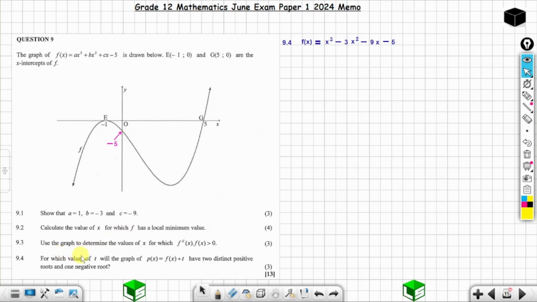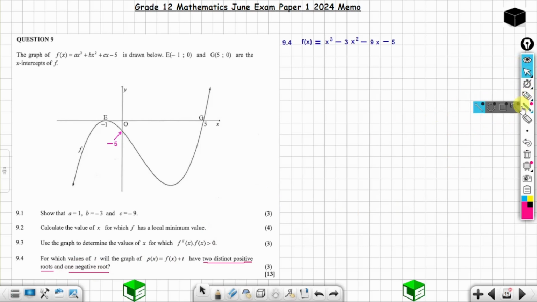Now, you have to determine the values of t for which the graph p is going to have two distinct positive roots and one negative root. Okay? Two distinct positive roots and one negative root. Okay?